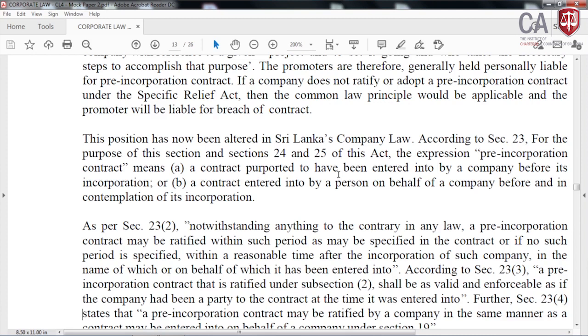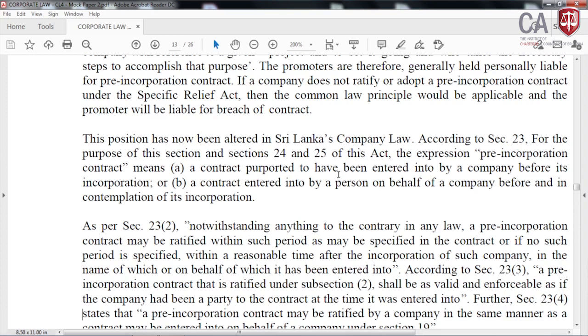According to section 23, for the purpose of this section and sections 24 and 25 of this Act, the expression pre-incorporation contract means, the statutory meaning of a pre-incorporation contract is that it is a contract purported to have been entered into by a company before its incorporation, or a contract entered into by a person on behalf of a company before and in contemplation of its incorporation.